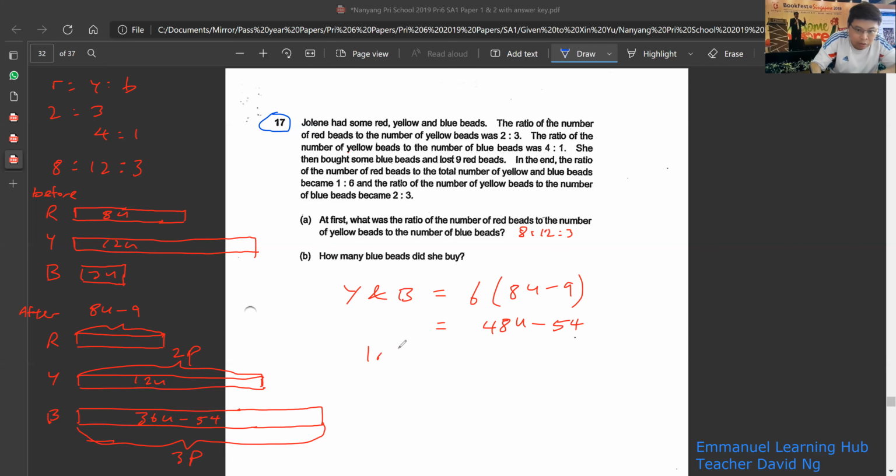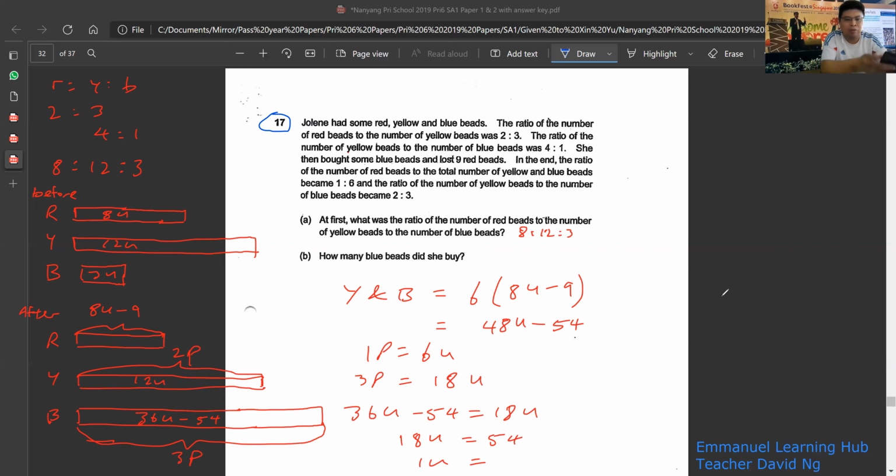You can see that, right? 3 parts, 3 times 6 is 18. That means your 36U minus 54 is 18 units. Agree? You can find 1U already. 54 divided by 18 is 3. 1U is 3.